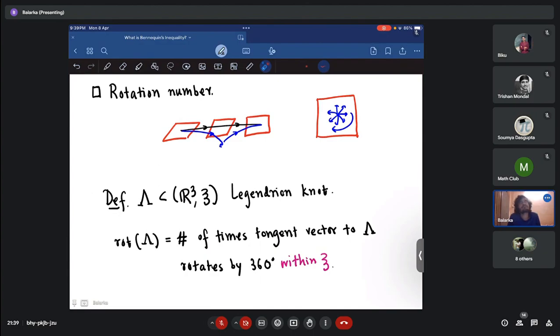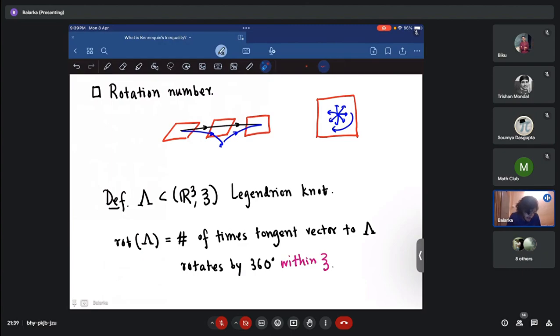Well, there's a hack proof of this, which is essentially you can cook up, like the Reidemeister moves in smooth knot theory, similar moves called the Legendrian Reidemeister moves, and then you can see the rotation number is invariant under those moves, and then you're done. But that's a hack proof. It's not an insightful proof.